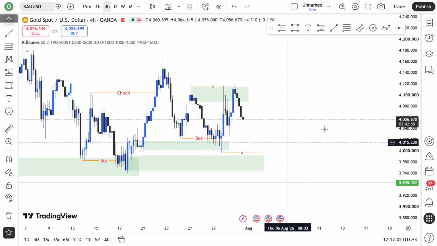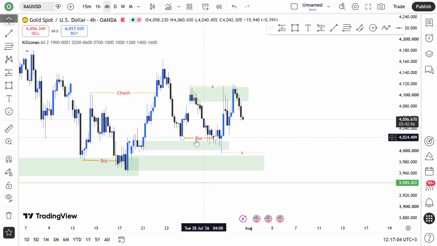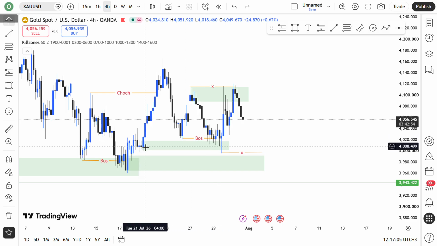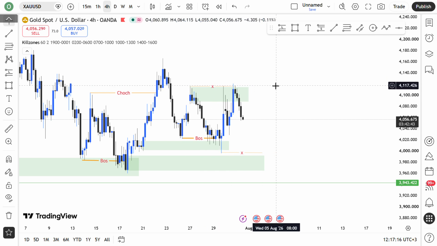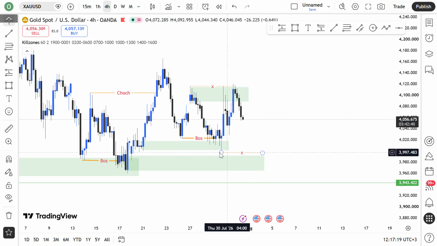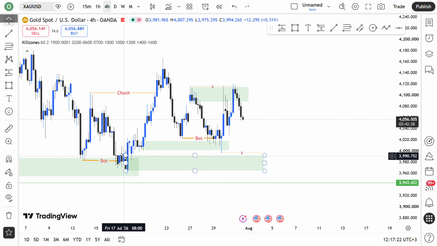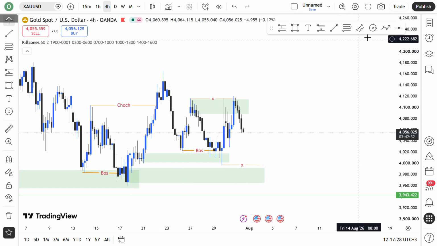After taking this row, remember now we have this change of structure, a recent one, after price taking out this order block, and now price has taken out these liquidities, sweeping all of these liquidities that are lying above this high. And now I'm expecting at least the price to trade into this row, take this row, to trade into this order flow from a 4-hour time frame, and now I'm going to see buys from this area.